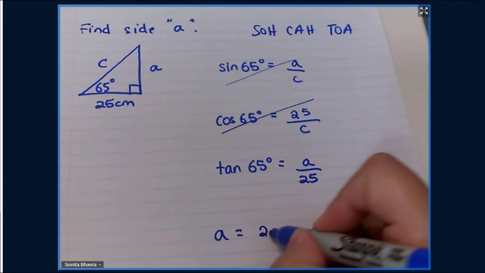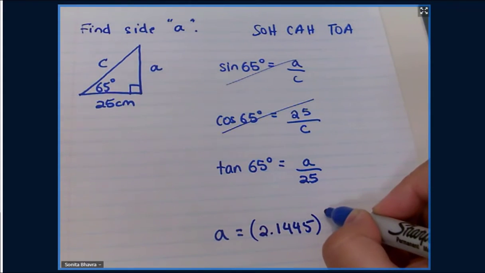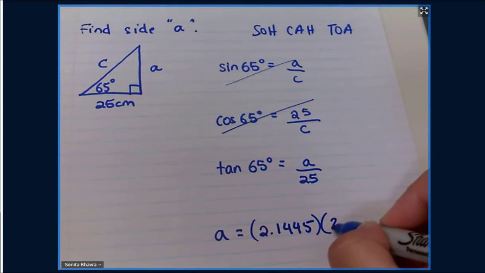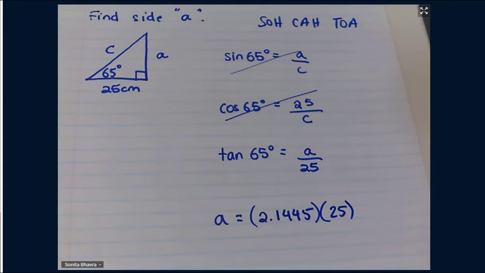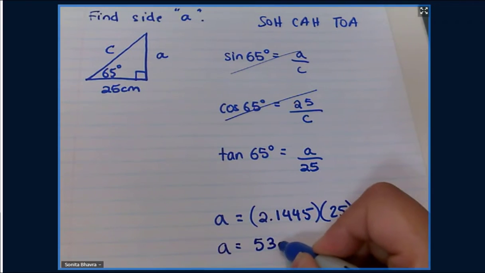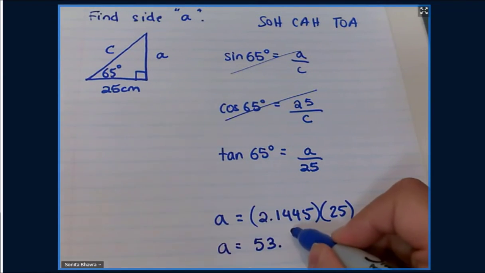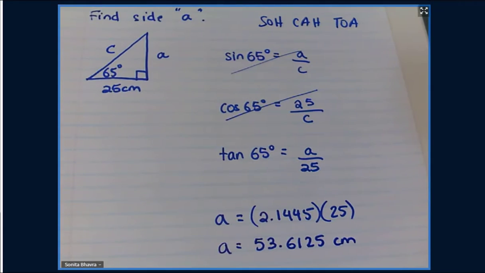Okay, so 2.1445 multiplied by 25 gives us side A. And that gives me 53.6125 centimeters for side A.